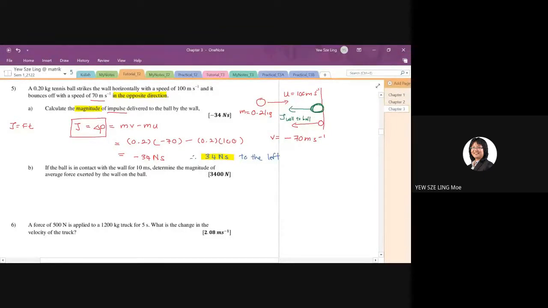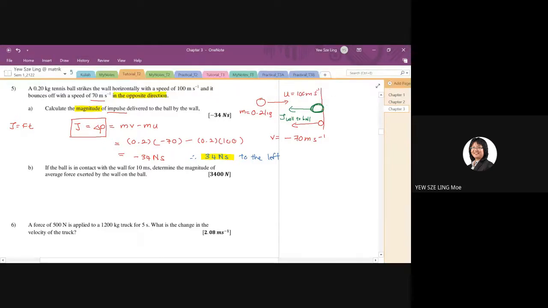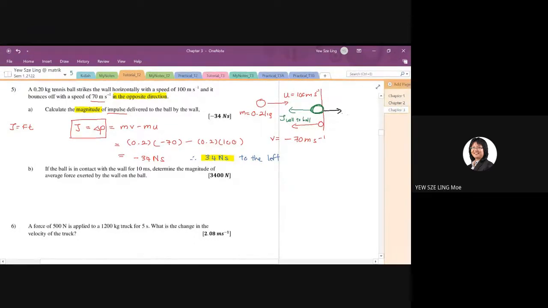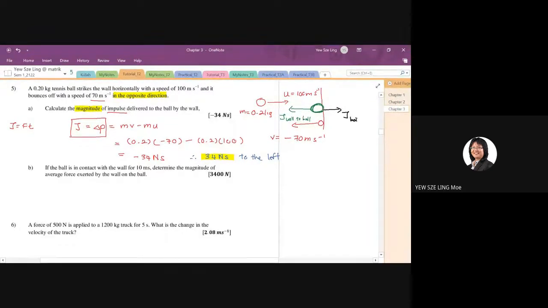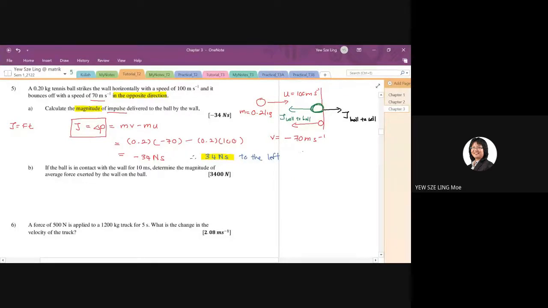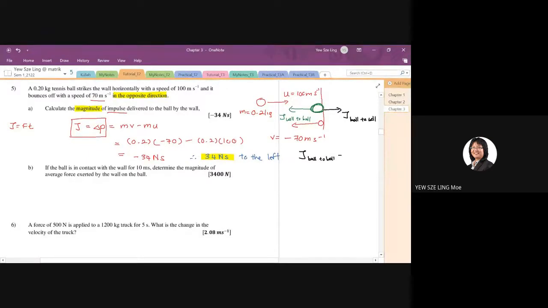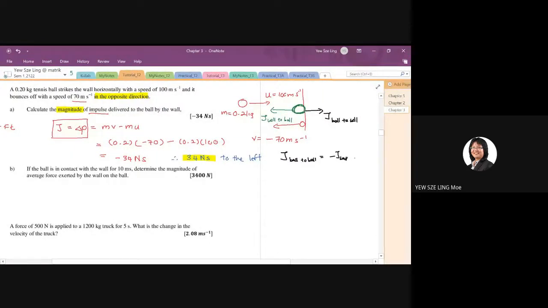If the question is asking for ball to wall, you just calculate as usual, and then at the end, once you obtain the answer, you can say J, ball to wall, equals negative J, wall to ball.